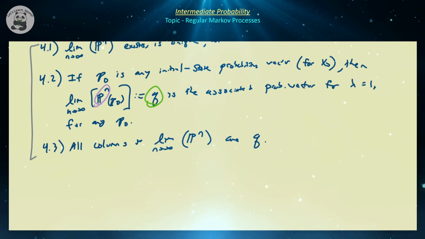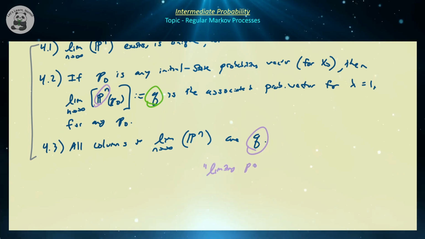Okay, so that's very interesting. And keep in mind, this vector q is sometimes referred to as a limiting probability distribution of your stochastic process, Xn.